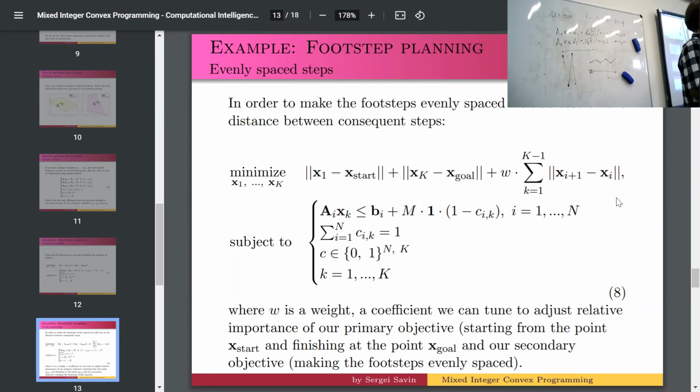Typical footstep planners often work with non-convex domains. But what they can do is plan the position of the footstep and then orient the foot to accommodate the orientation of the surface, right? So you have a foot, you know it's supposed to be like this, but your terrain is like this, so you put it like this. That's very easy. It's post-processing basically, not a part of the solution.